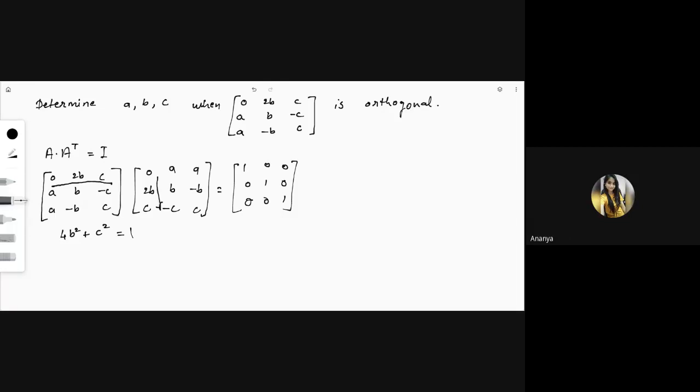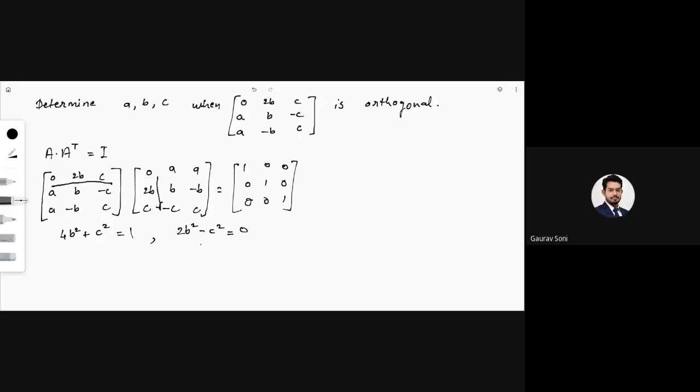So B equals to plus minus 1 by root 6. Yeah, just a minute. It is correct. But let's find out the equation first. Now first row to the second column. So that will be 2b square minus c square equals to 0.